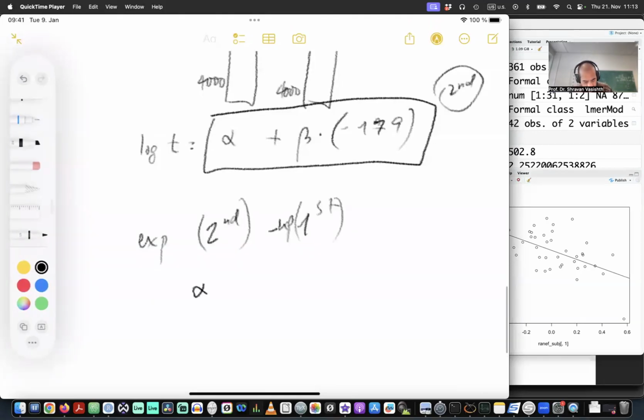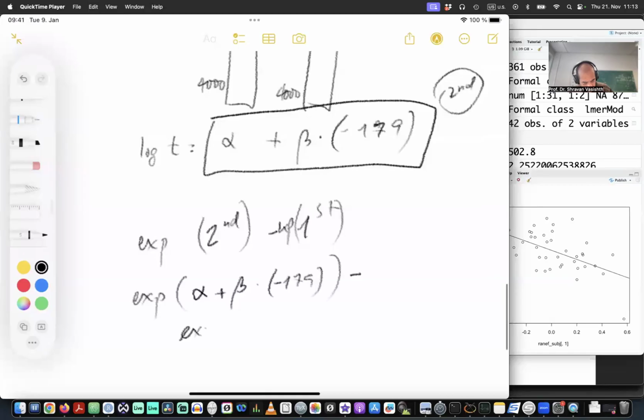second value here, alpha plus beta times minus 179, right, exponentiated, minus exponentiated alpha plus beta times minus 180, right?